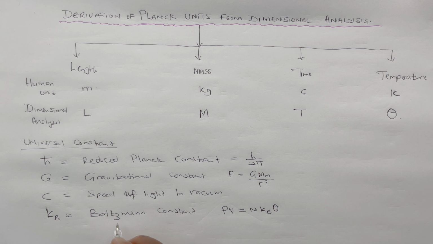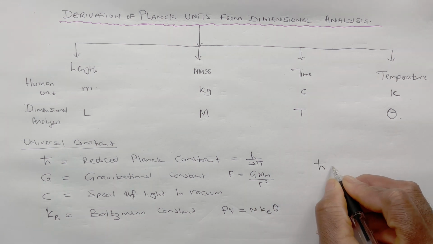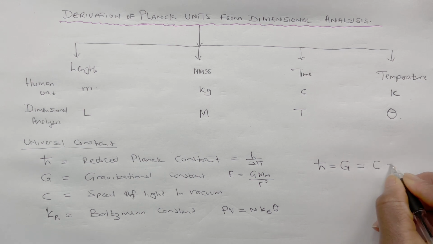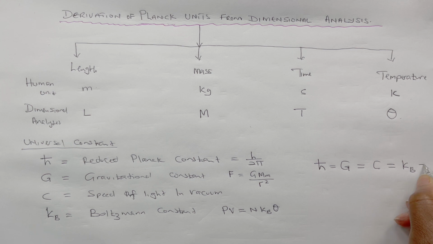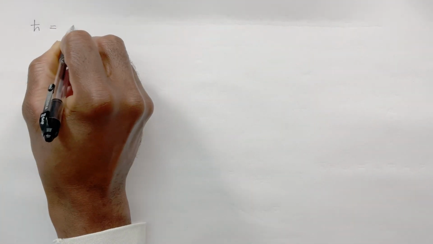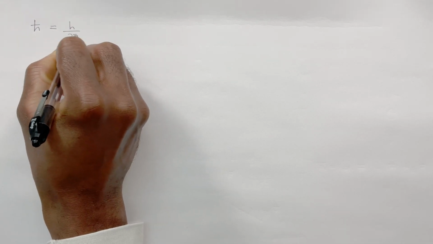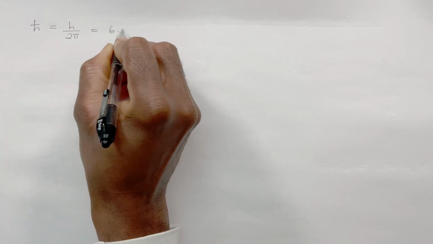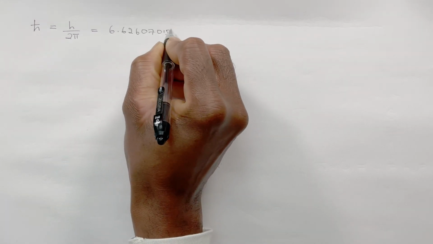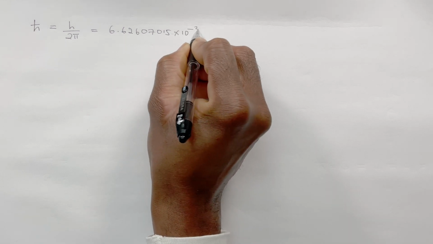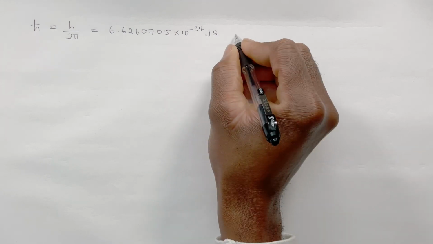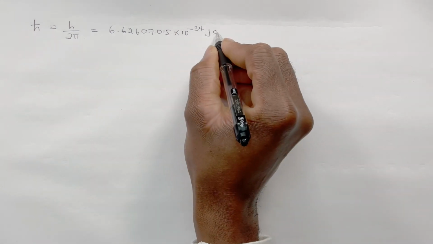The idea is to make the units h bar equal to big G, equal to c, the speed of light, equal to kb, and all that equal to 1. Starting with h bar, which we know to be h over 2 pi, and that h is 6.6260715 times 10 to the power minus 34 joules seconds per cycle.